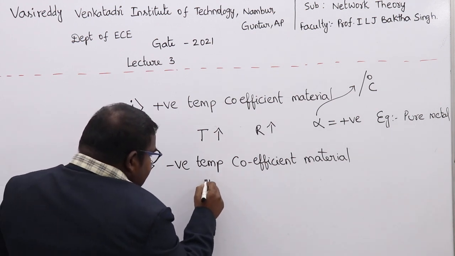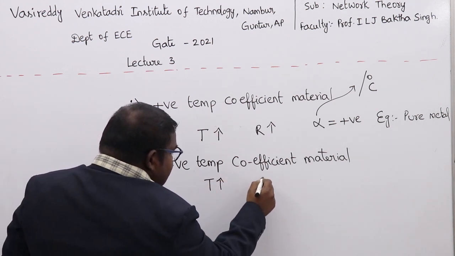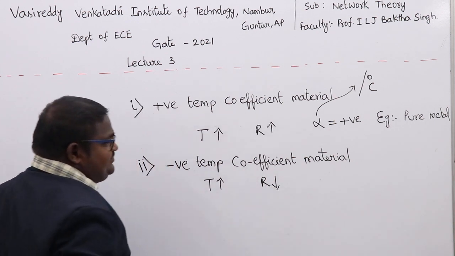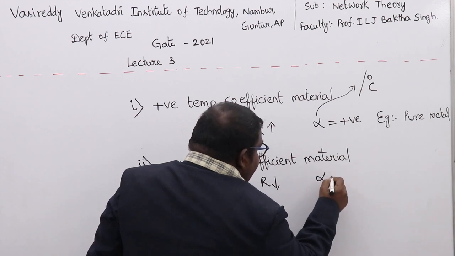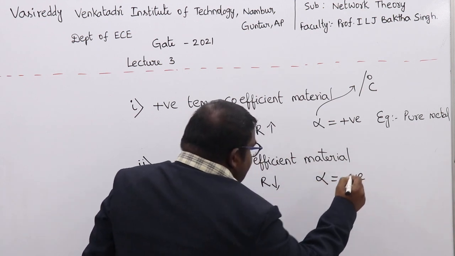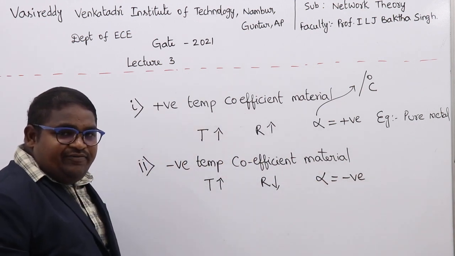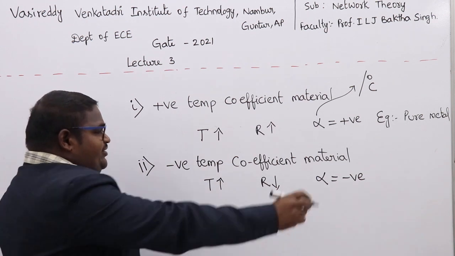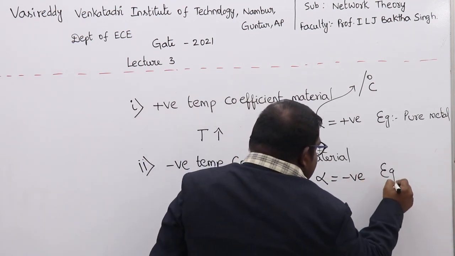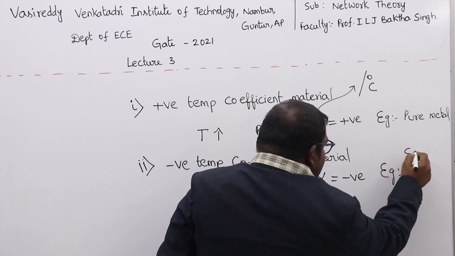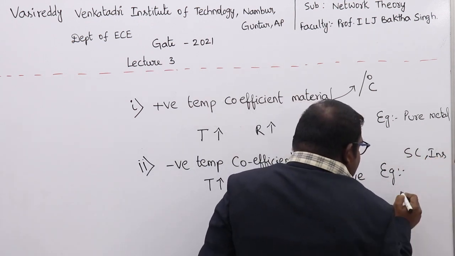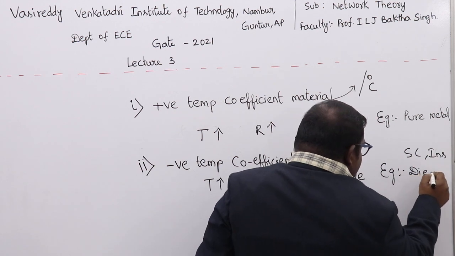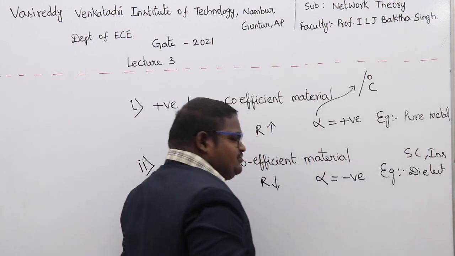Here, when you increase the temperature, the resistance decreases. Then the value of the temperature coefficient is negative. The best examples for this kind are semiconductors, insulators, and dielectric materials.